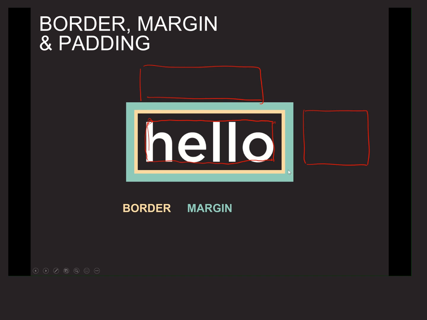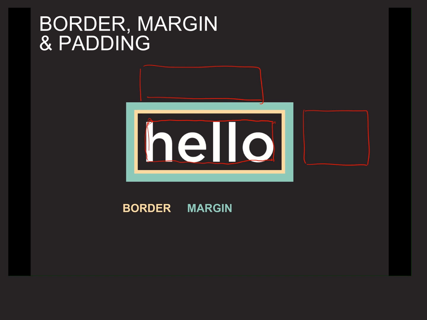Okay, margin is the space between boxes. In fact, designers usually refer to the space between items, meaning the margin, or between elements, for example the border and the text content inside.